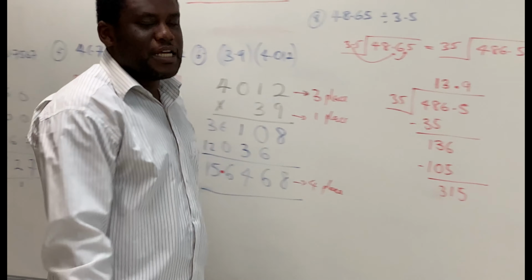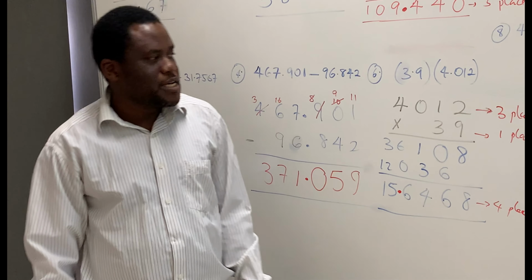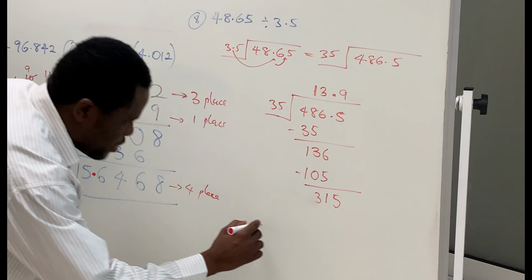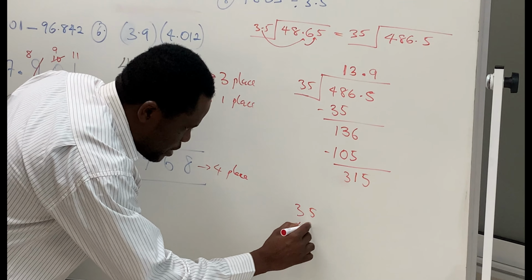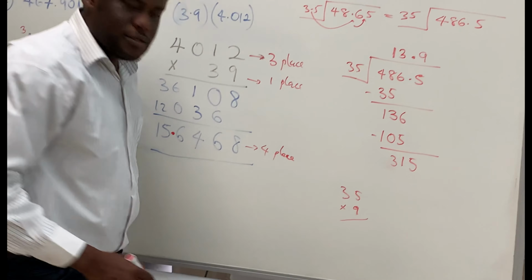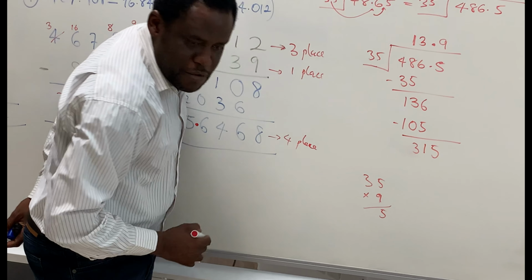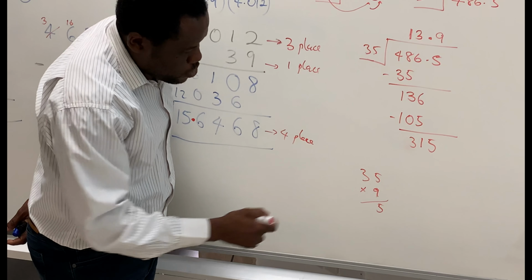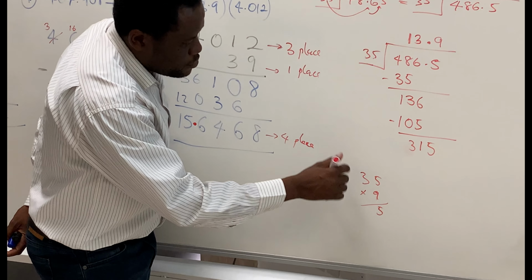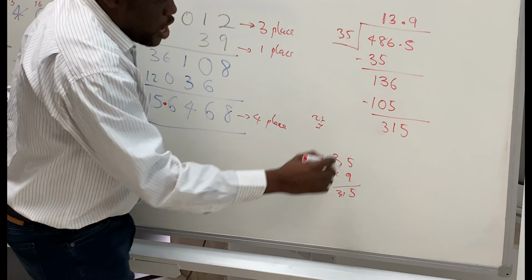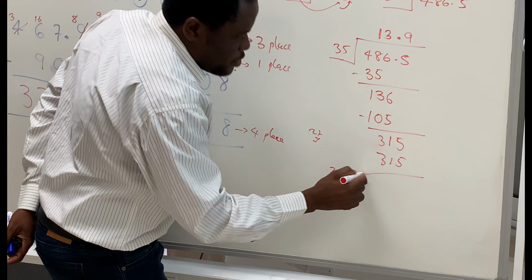35 times 9. This is 45. Remaining 4. This is 27. 27 plus 4, 31. Good, 315.